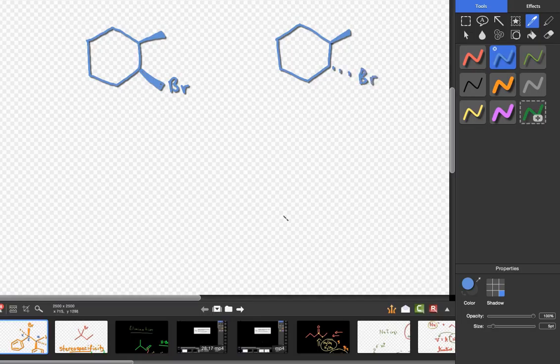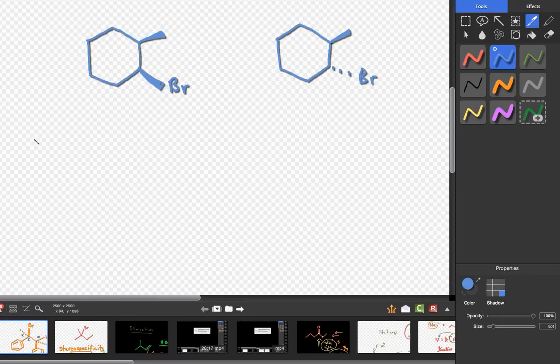So we have two diastereomers slash epimers, and what we want to do is to draw the chair conformation and then to analyze what does anti-periplanar mean in the context of cyclohexane.